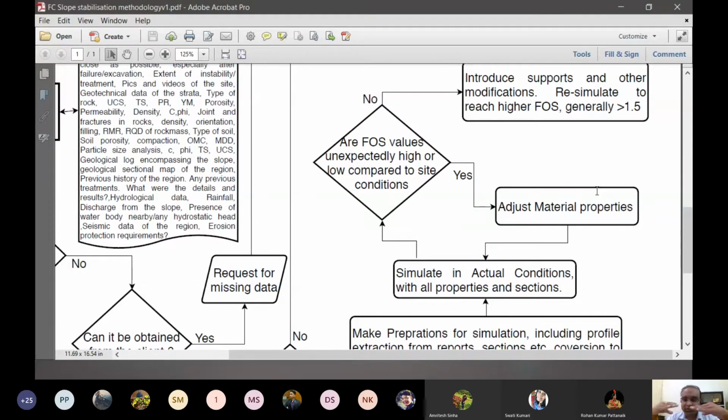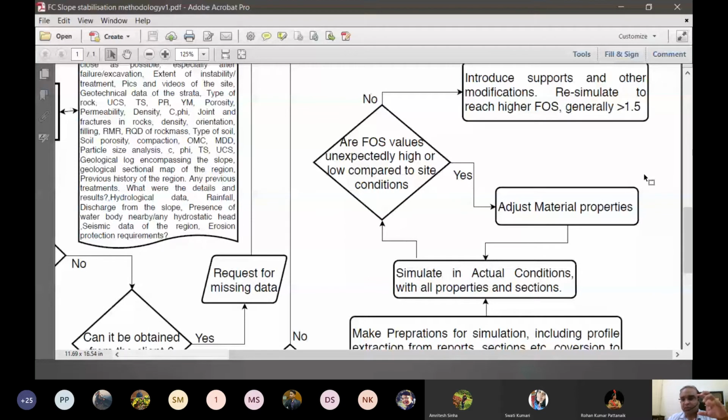If those are matching, then we can simulate other scenarios, like if we go for some stabilization work like bolting, what will be the factor of safety increase, or if rainfall happens and saturation happens, then what happens, and so on. So adjustment of the simulation model is mostly done.